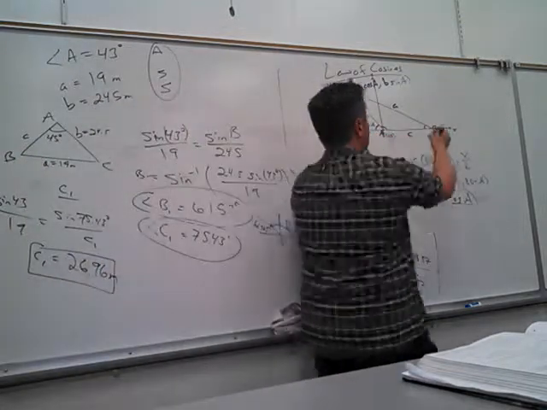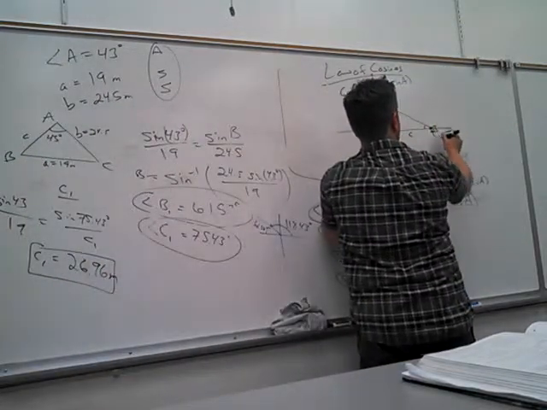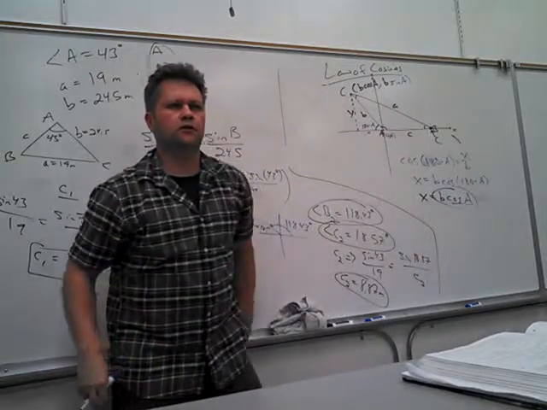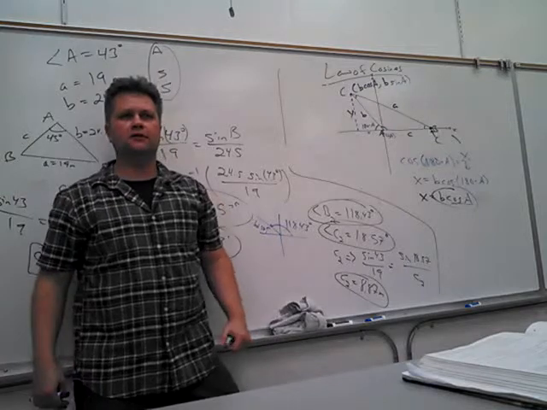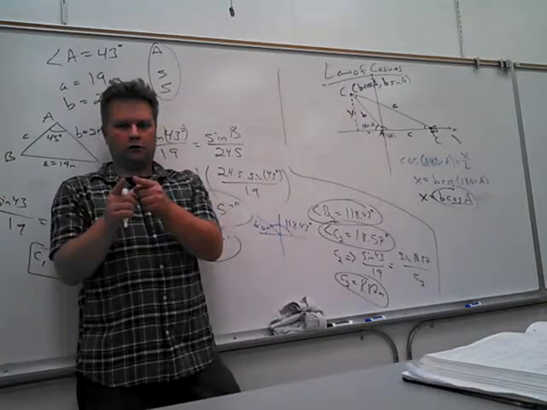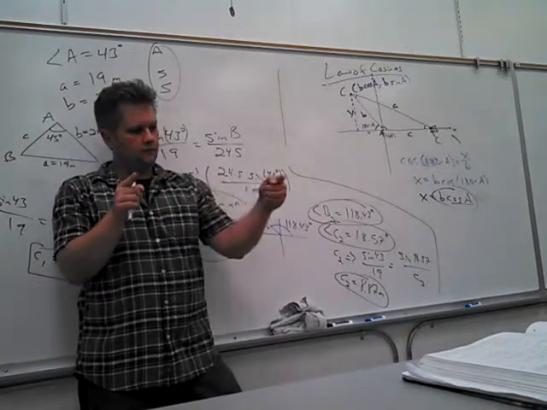This point is easy enough. What's this point? Hopefully your brains aren't too fried for that. I pretty much gave you that point. How far away from 0, 0 is it?